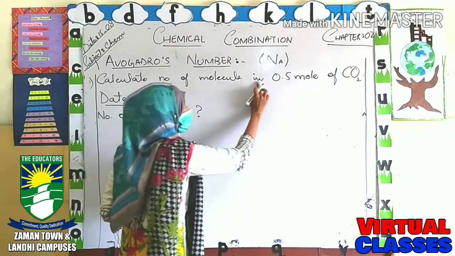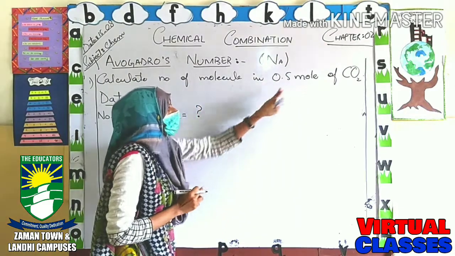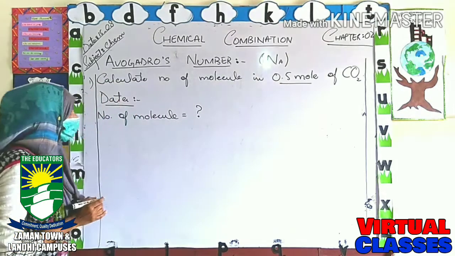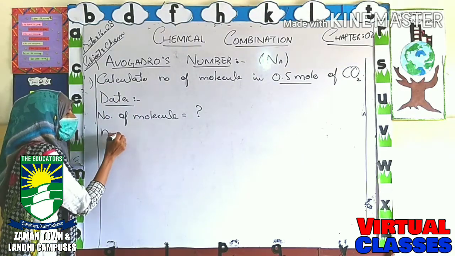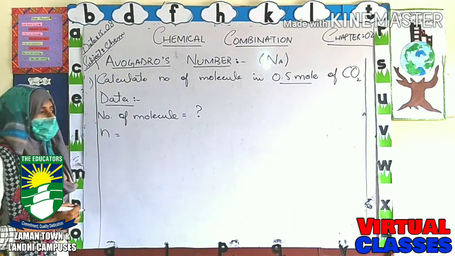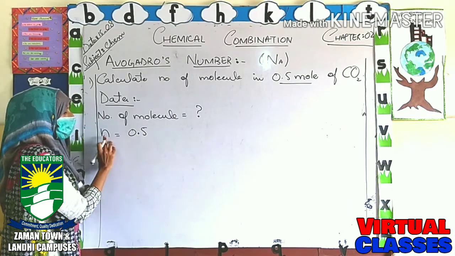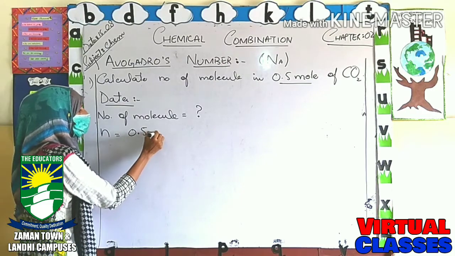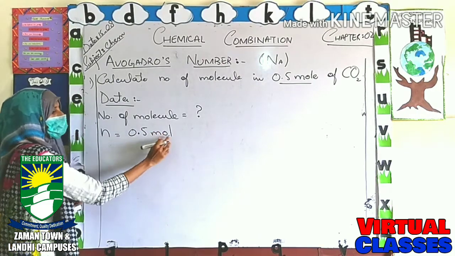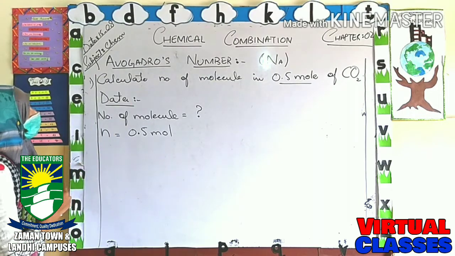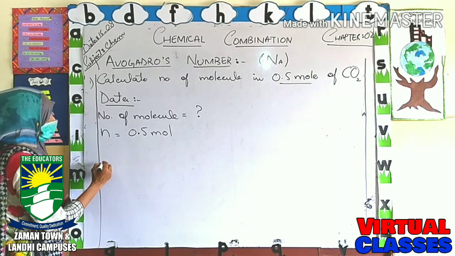After this, 0.5 mole. We know that number of moles is represented by small n. How much is given? 0.5. And the unit of number of moles is mol.